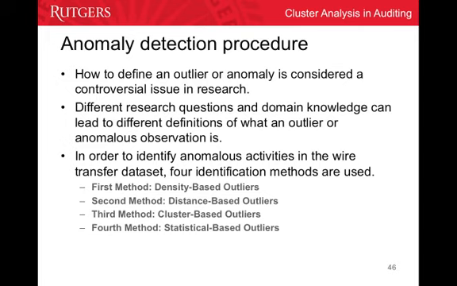Then we use an algorithm called DBSCAN, which stands for density-based spatial clustering of applications with noise. It is a type of density-based clustering and doesn't require an input of the number of clusters in the analysis. Moreover, it can find arbitrarily shaped clusters.